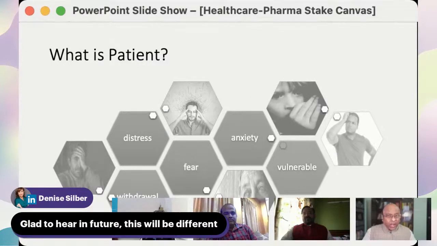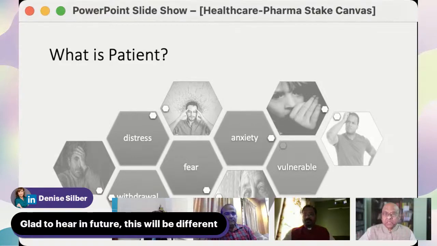Now I'm going to ask questions to my panelists, but I want you to consider this: the patient is not just a body which is non-functional or badly functional, not operating different parts of the body the way it should operate, but also has emotion, distress, withdrawal.